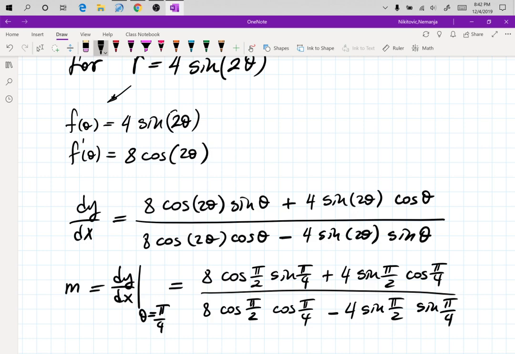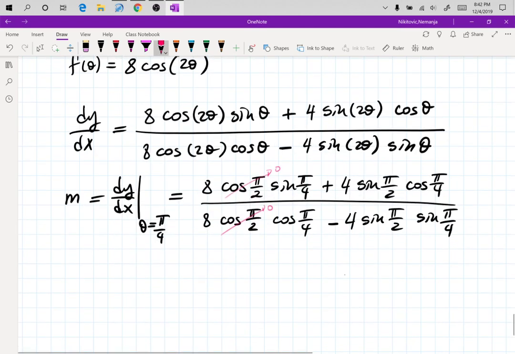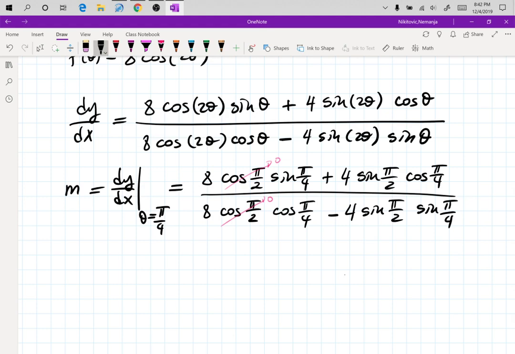So whenever you see pi over 2, that's because we had to double it because of the formula, 2 theta up there. So 2 times pi over 4 is pi over 2. Now, these terms will go to 0 because cosine of pi over 2 is 0. That kills everything there.